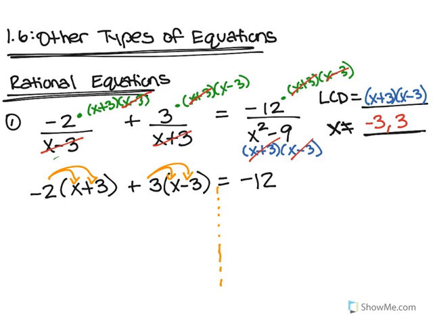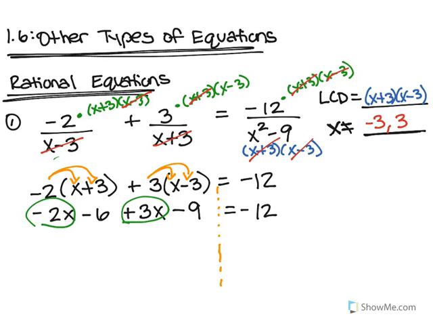That's going to give us negative 2x minus 6 plus 3x minus 9 equals negative 12. And then we're going to clean up this left side. Negative 2x plus 3x is x. And then negative 6 minus 9 is negative 15. So x minus 15 equals negative 12.